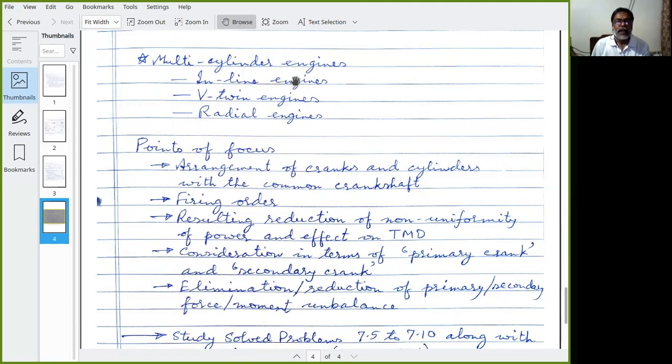In the case of inline engines, the crankshaft and crank together are built integral. In any case, they are supposed to be rigid with each other, so the crankshaft must rotate.